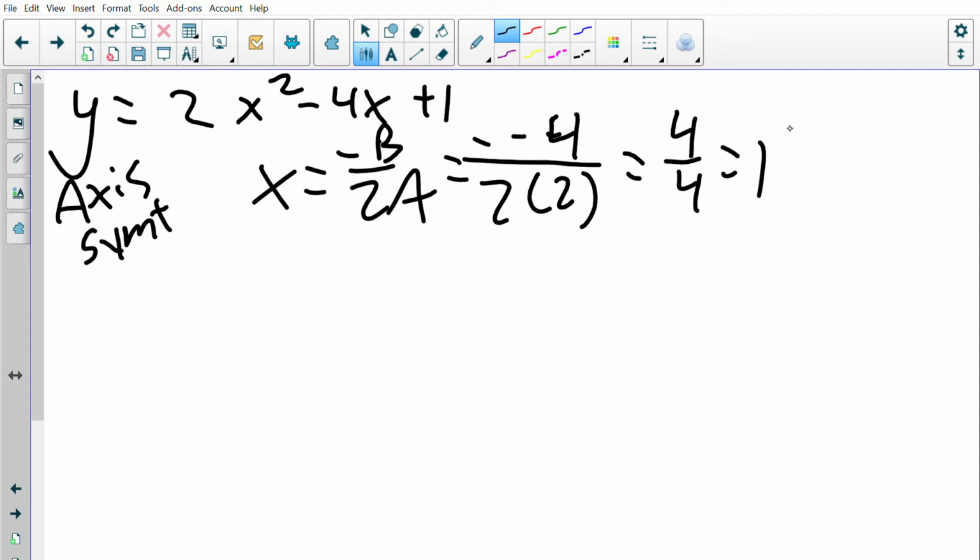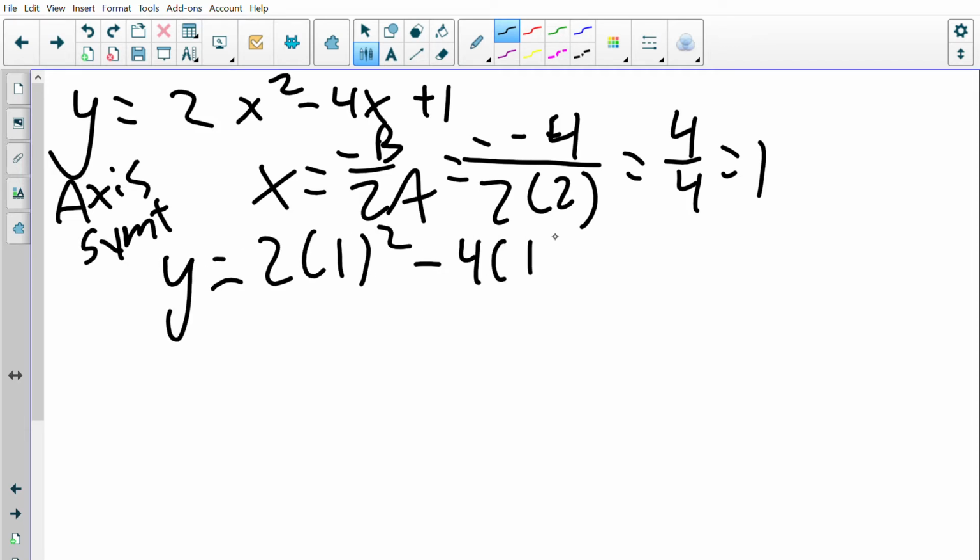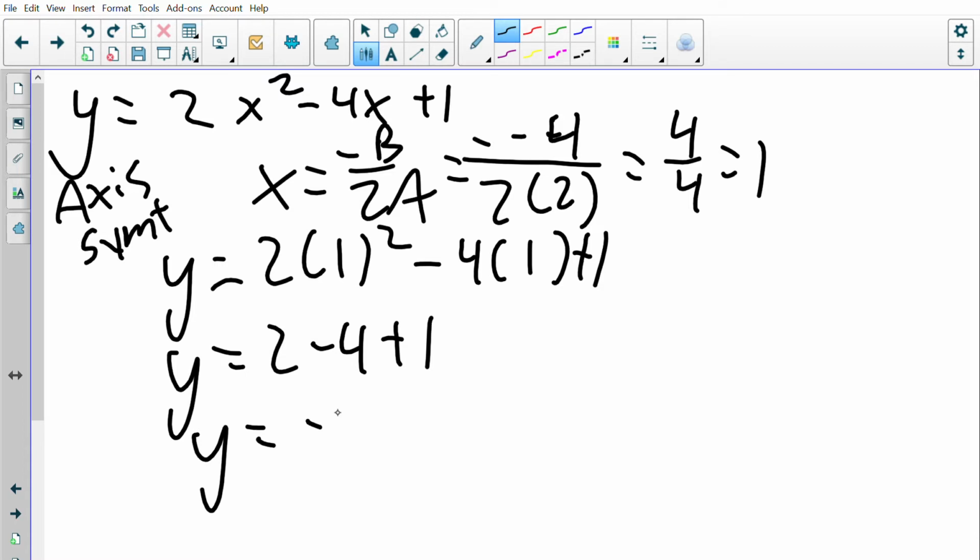So this gives me the x part of my vertex. To find the y part, I go back and plug in 1 and then solve. So my vertex is at the point 1, negative 1.